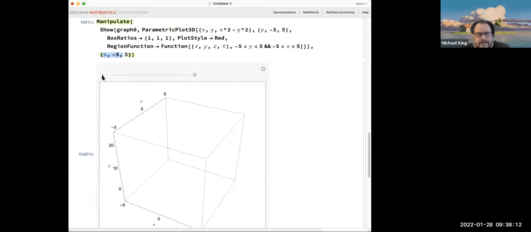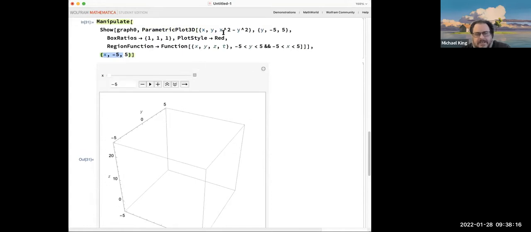There's an X right there. If X is constant, like if X is 0, we get minus Y squared. If X is 1, we get 1 minus Y squared. If X is 2, we get 4 minus Y squared. Can someone tell me what kind of shapes those are and how it's different from the previous example?